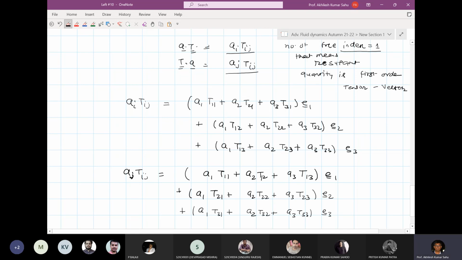So for the first, the component in direction 1 is A1 T11 plus A2 T21 plus A3 T31. For the second, it is A1 T11 plus A2 T12 plus A3 T13. So these are two different quantities, two different vectors. Did you get my point?